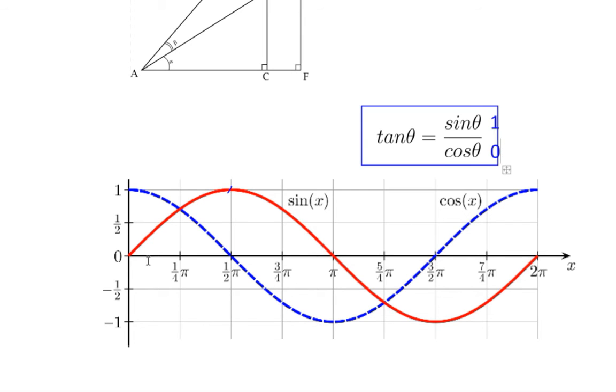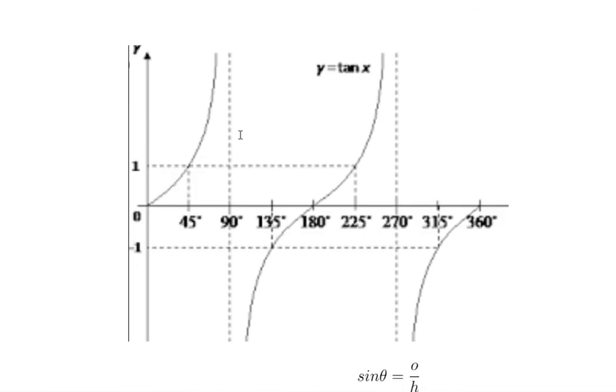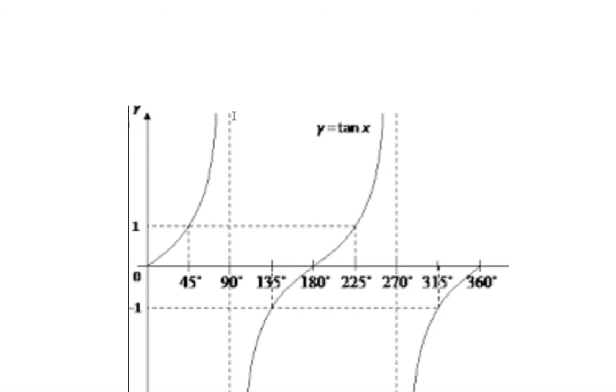So at 90 degrees, half pi, sine is 1, but cos is 0. So you'd have 1 divided by 0, so it'd be infinity. And if you look at the graph for tan, you can see at 90 degrees, tan is going up to infinity. There is no value there.